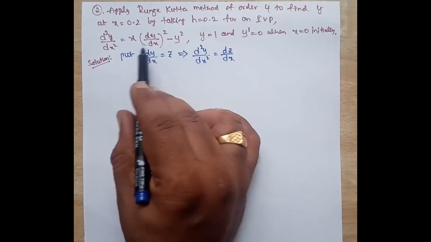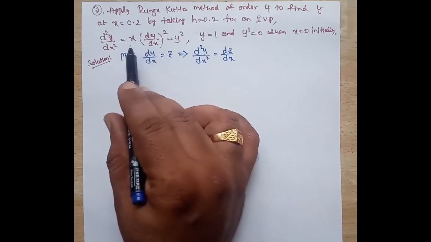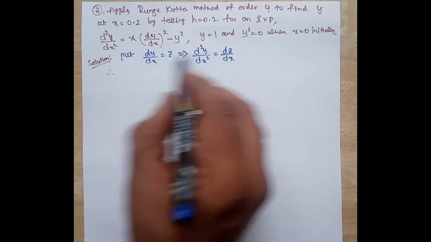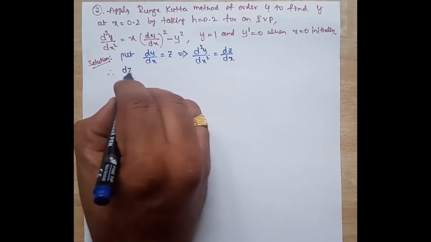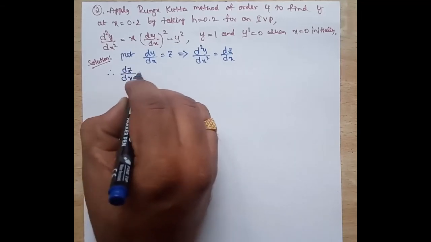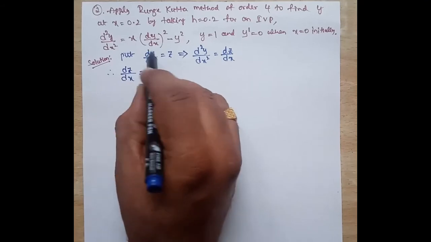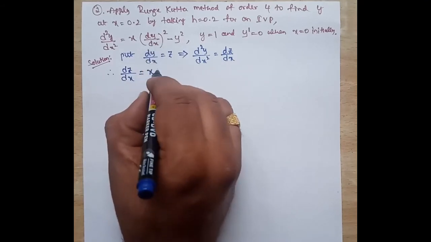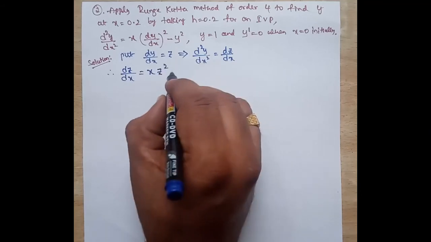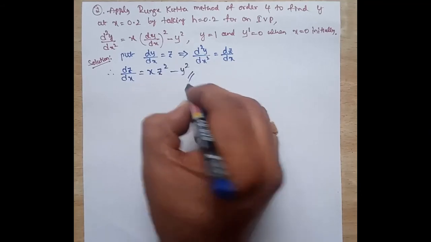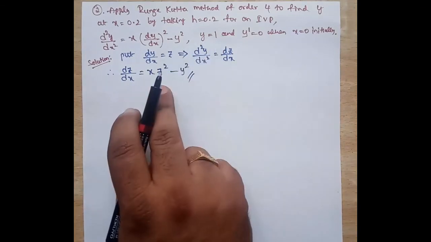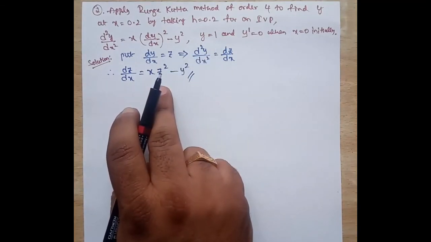Now let us substitute this in the given DE. Therefore we get d square y by dx square is dz by dx. So dz by dx equals x into dy by dx. What is dy by dx? z. If I put z here, it is x z square minus y square. So the equation reduces to first order form. This is the first step.